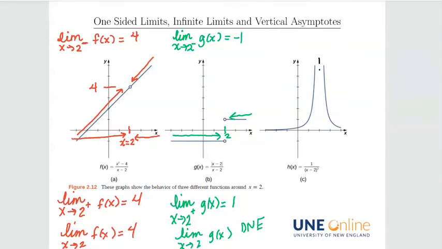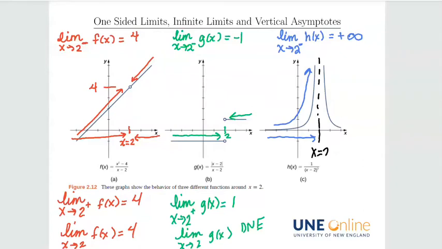Lastly, remember we have a vertical asymptote here at x equals 2. So let's ask the same questions. What's happening to the limit as x approaches 2 from the left of our function, which is h of x? What's happening as we come this direction to the function values? Well, the function values are taking off to positive infinity. Now, note that we write that it is equal to positive infinity, but note, positive infinity is a concept and not a real number.